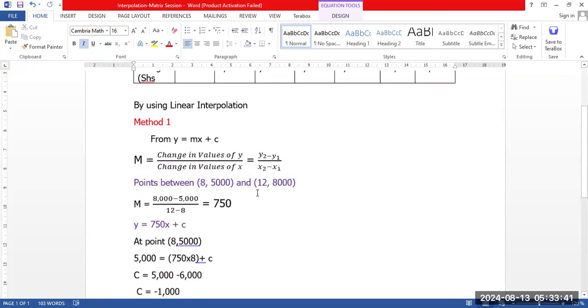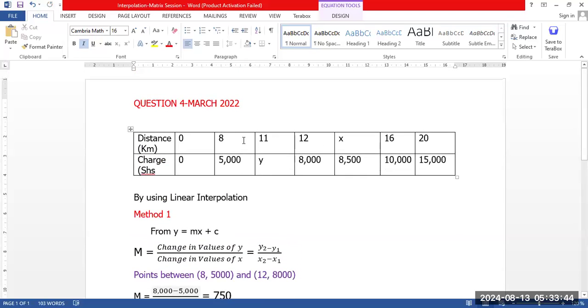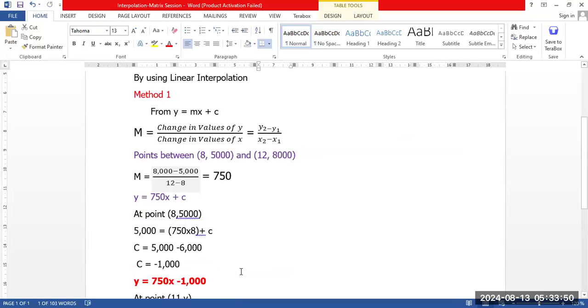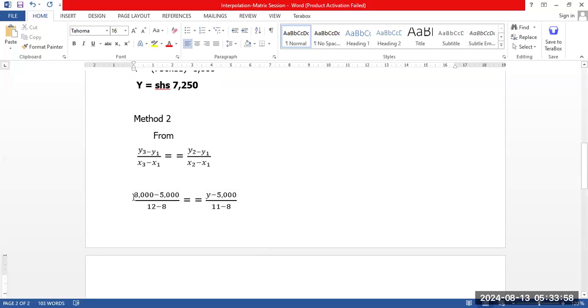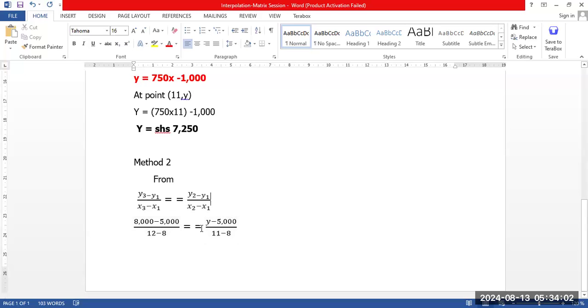These are values of x: x1, x2, x3. This is x2, 11. So we say 11 minus 8. Once you have that, you can get the unknown. It's just a matter of using your calculator very well to get the unknown y.